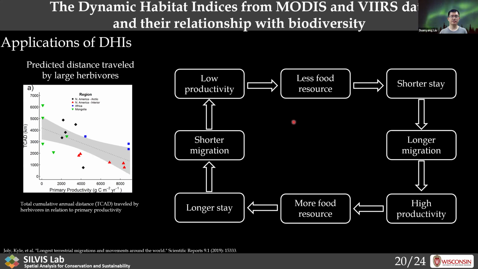This could be explained in the figure on the right side. Imagine if one place has low productivity and provides limited food resources, the wild animals may stay for a short time, and they will have a long migration to some place that has high productivity and provides more food resources. They will stay in those places for a long time and have a short migration.